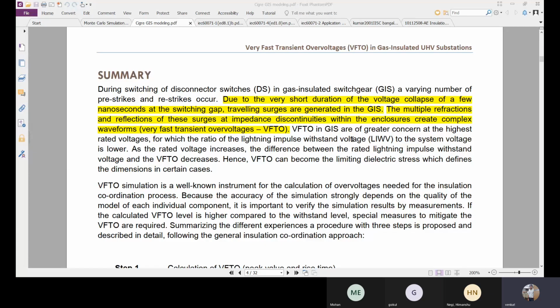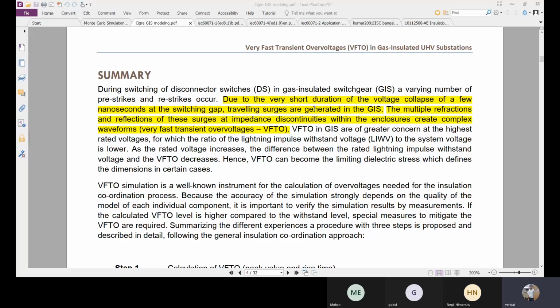During earthing switch operation, surges will also be generated. But they say the disconnector action is the most unfavorable condition. That is why we take the disconnector operation as the worst case to perform the VFTO studies, and then we simulate the circuit breaker action.